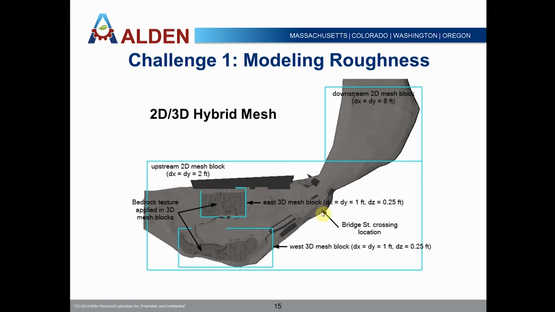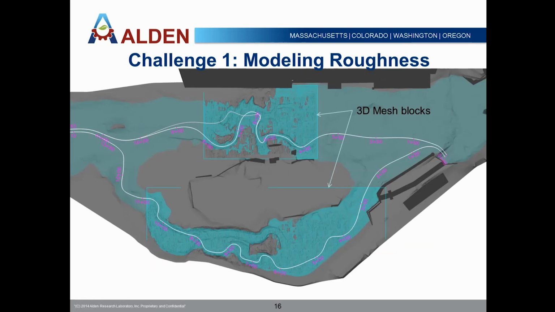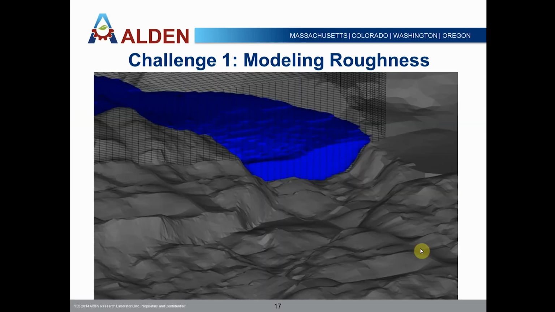And this is a practical approach that's made possible by our modeling software, Flow3D by Flow Science. It's a really cool feature of Flow3D. Here's another view of the domain. We can see the increased resolution within the 3D mesh blocks in both the eastern and the western channel. Here's another shot zoomed in of a 3D mesh block to give you an idea of vertical resolution here, about a quarter foot in the vertical.